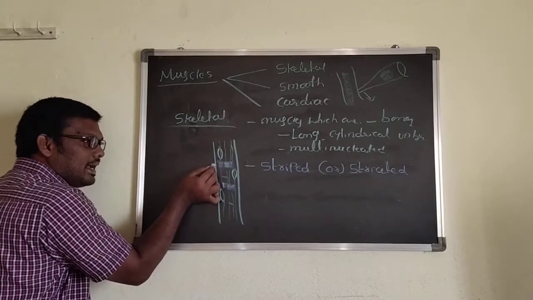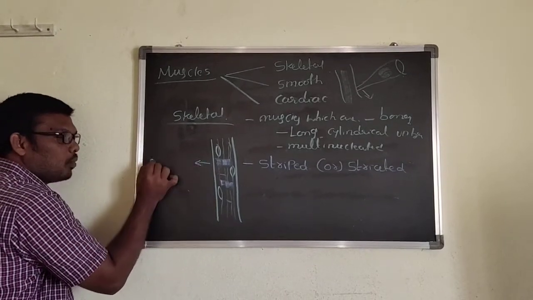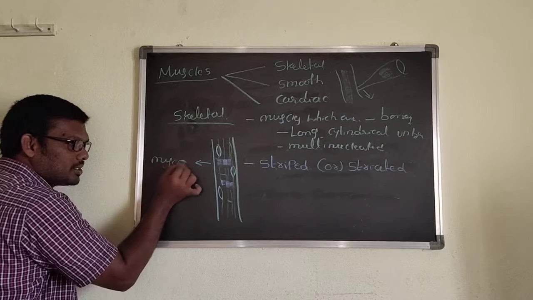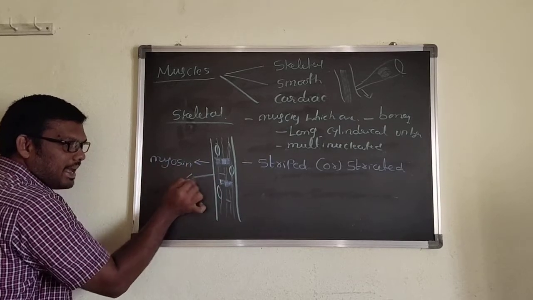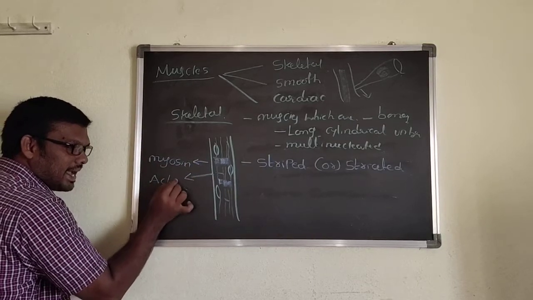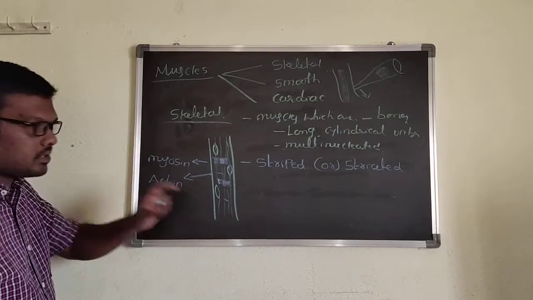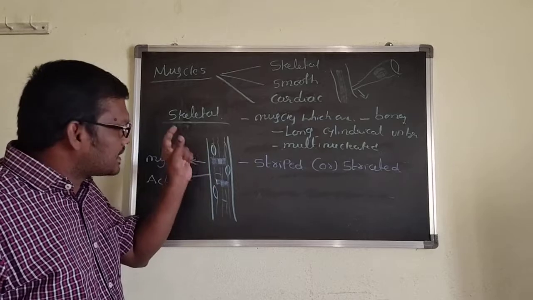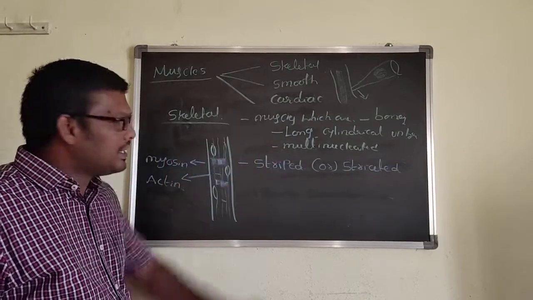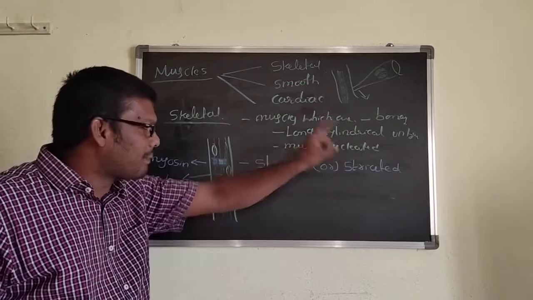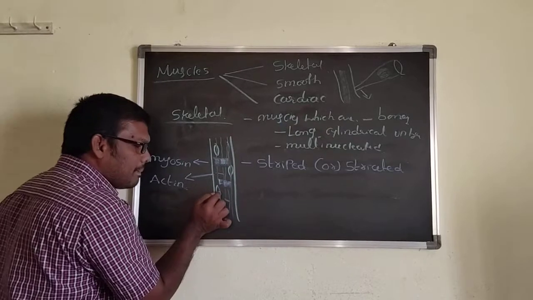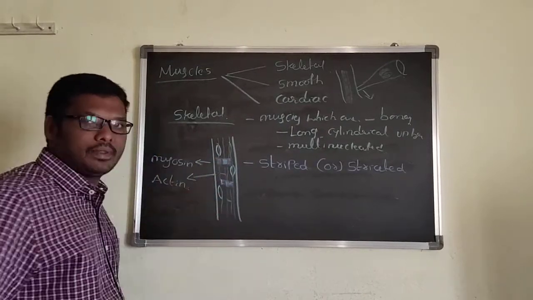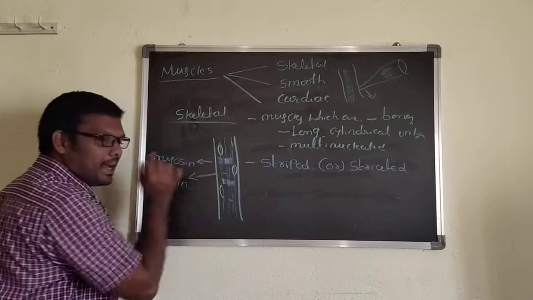Here the dark color band has a protein known as myosin, and the light color band has a protein called actin. So the characteristics of skeletal muscles: a long, cylindrical, unbranched, multinucleated cell with a striped appearance.